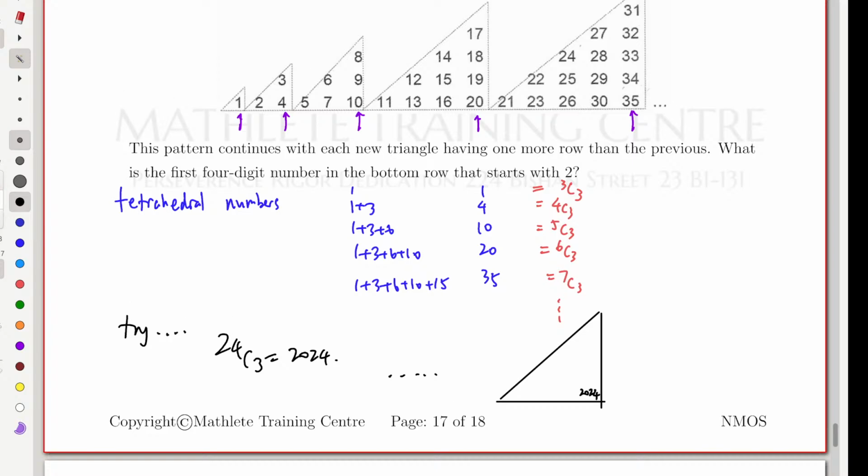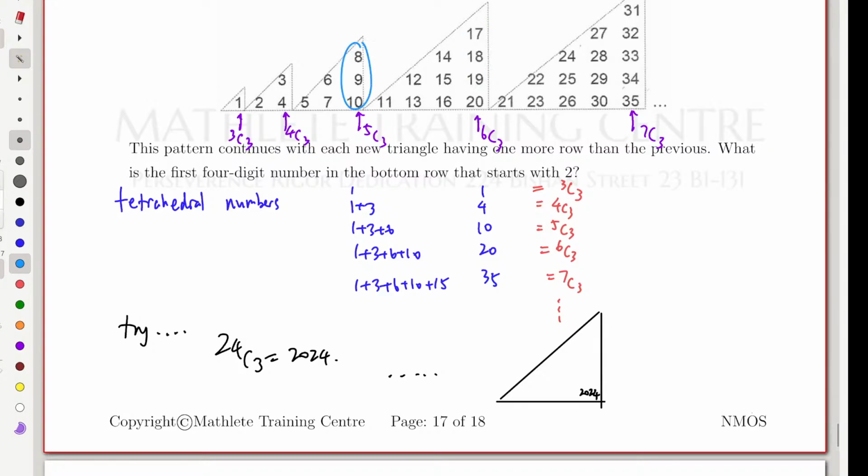Well, maybe not, right? We have to figure out how many numbers are in this column. This is going to be 3 choose 3. This is going to be 4 choose 3, a 5 choose 3, and so on, 6 choose 3, and a 7 choose 3. If you notice the pattern, the number of numbers in the column is going to be this number minus 2. Here there are 4 numbers. It's going to be 6 minus 2, right?